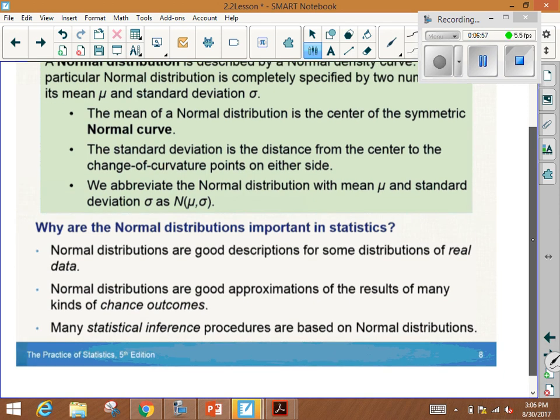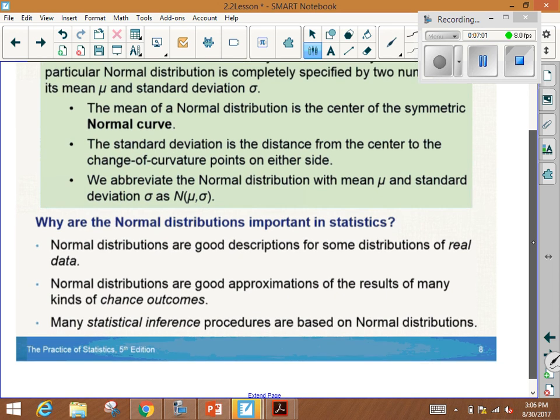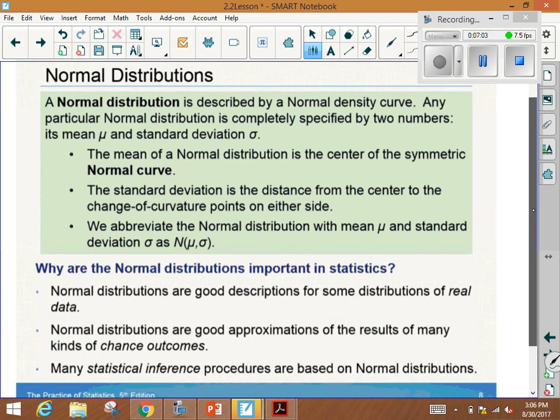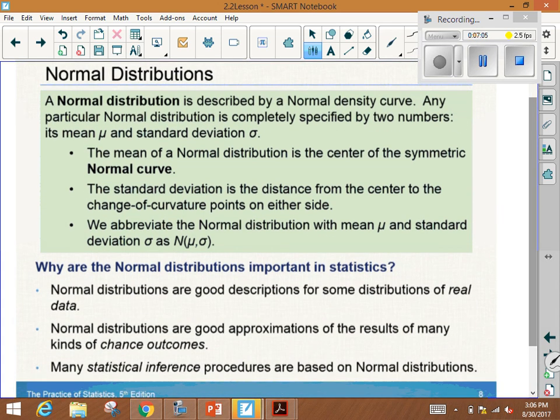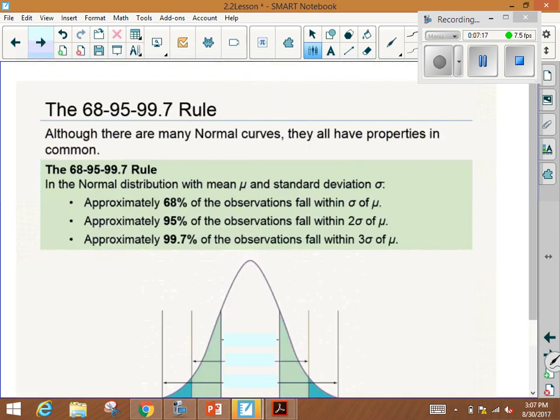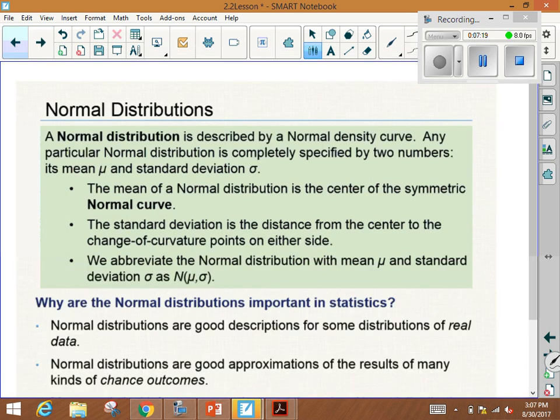It turns out that they call it change of curvature points. For those of you that have taken calculus, those are our inflection points. So our standard deviation should be occurring at our inflection points. And we'll have a look at that here in a moment.